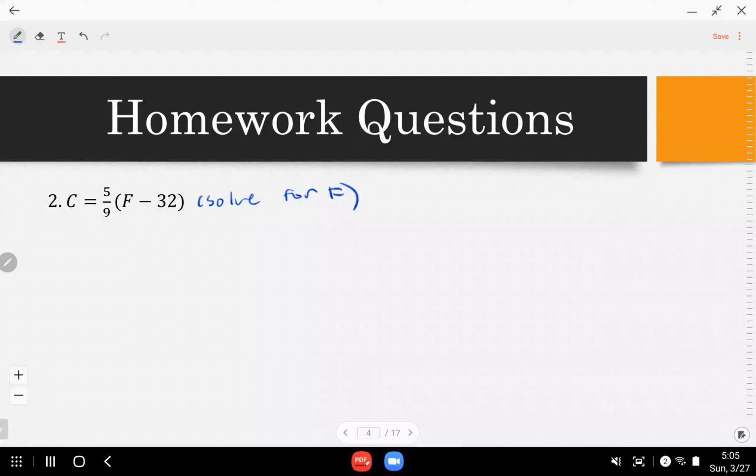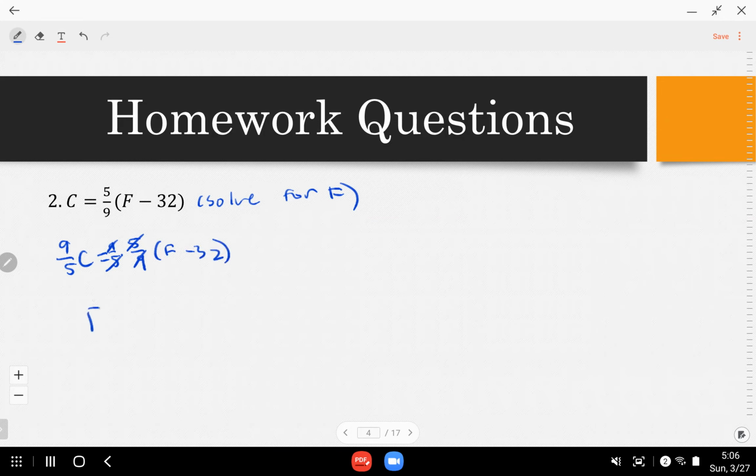What we need to do is multiply both sides by 9/5 to get rid of it. So 9/5 times C is equal to 5/9 times 9/5. You see, these cancel out.